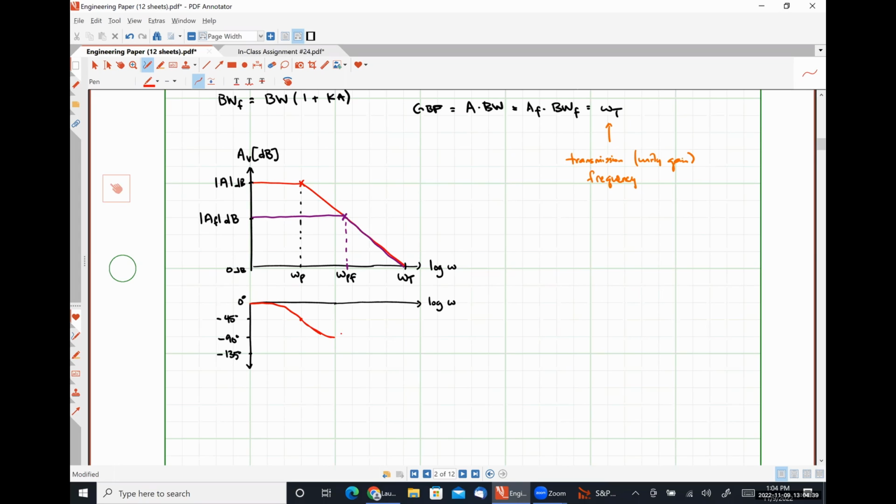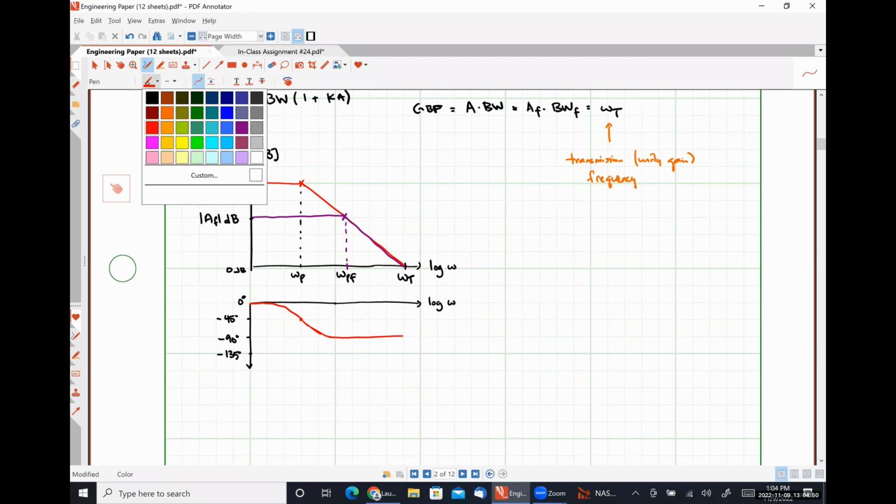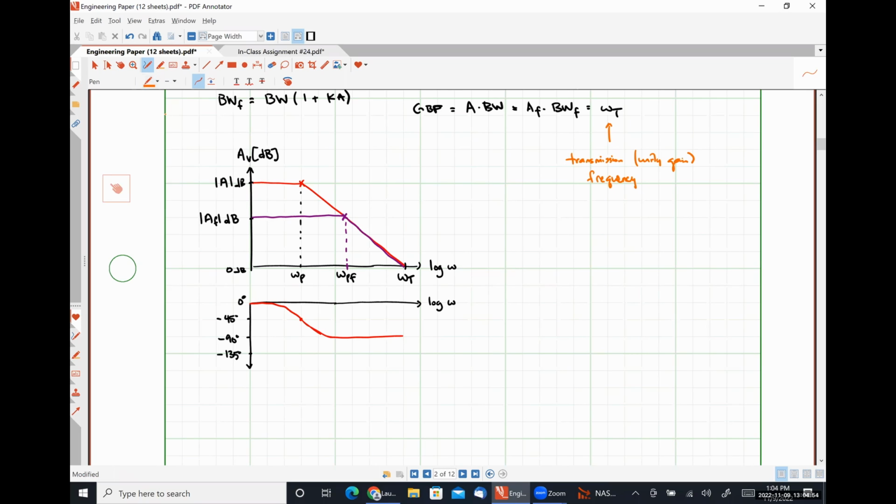It's going to look something like this. Okay. And let's call where we start to transition here 0.1 omega p, and where we hit -90 degrees, 10 omega p.